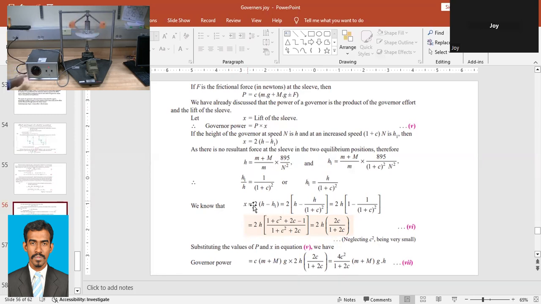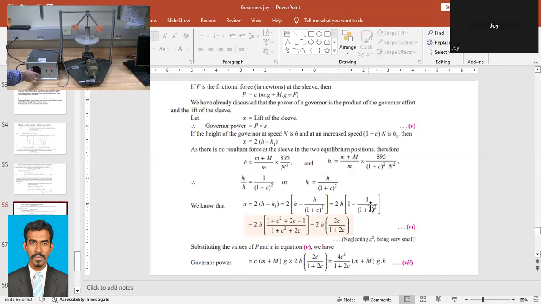X is equal to 2 into H minus H1, so H1 I have H upon 1 plus C whole square. H minus H upon 1 plus C whole square. When you solve it, I'll take this H outside, 2H into 1 minus 1 upon 1 plus C whole square. You can further solve it.